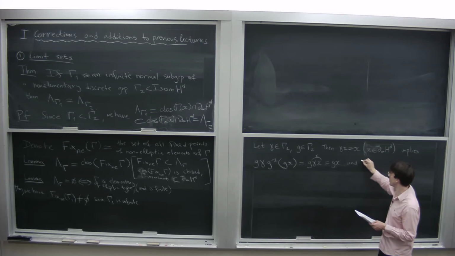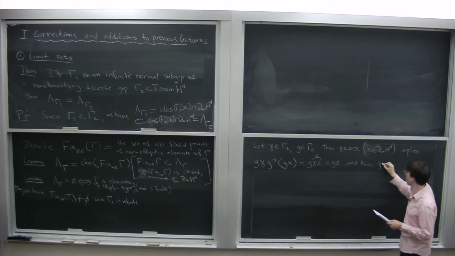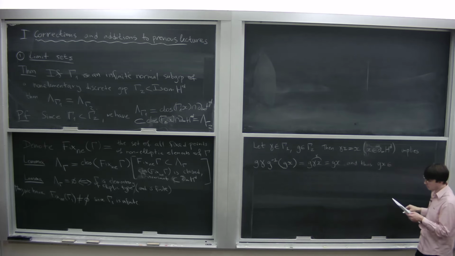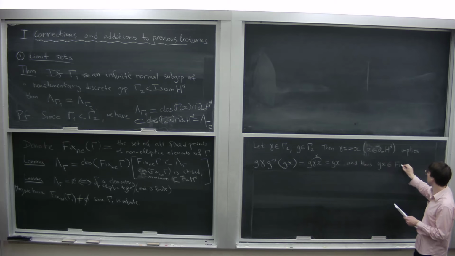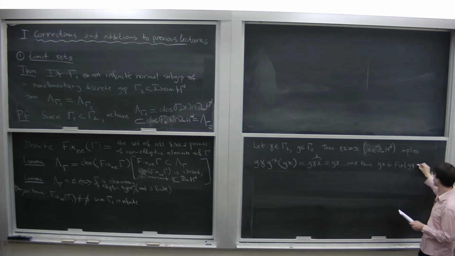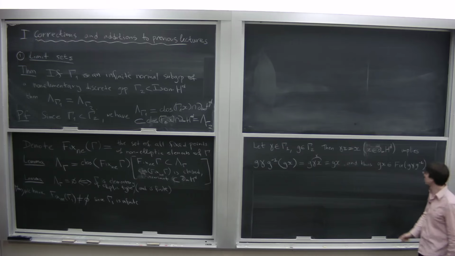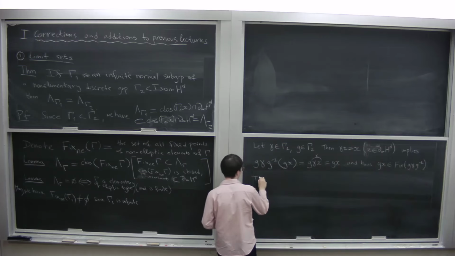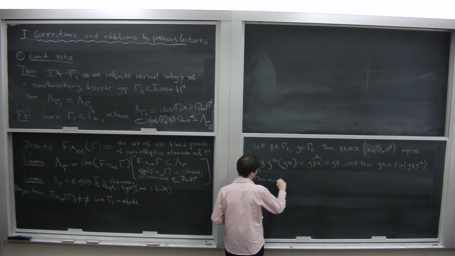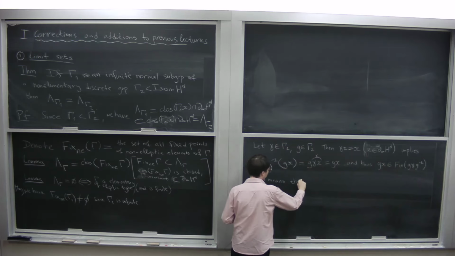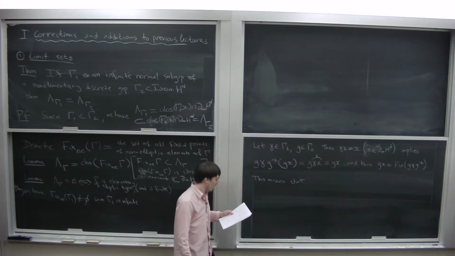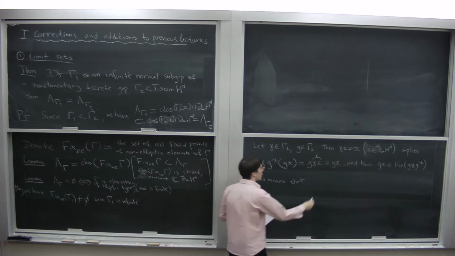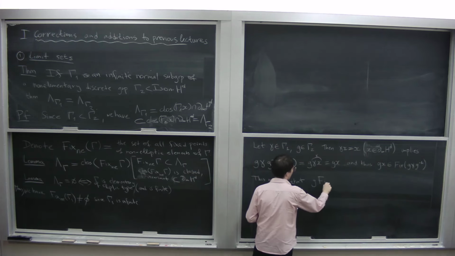So I will write, and thus Gx belongs to the set of fixed points of this conjugate G gamma G inverse. But this means that actually the translate of the fixed point.